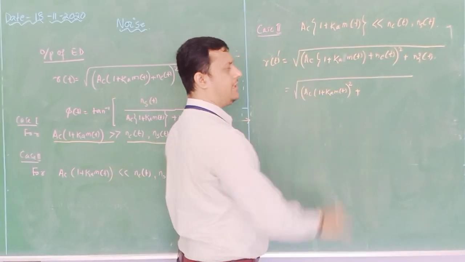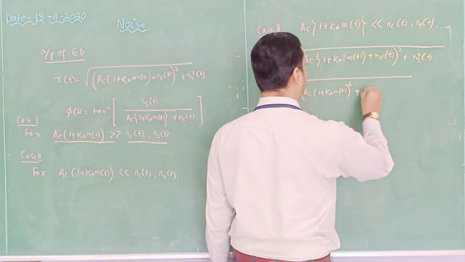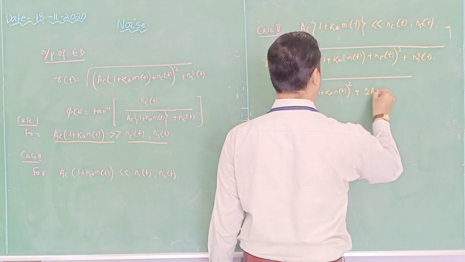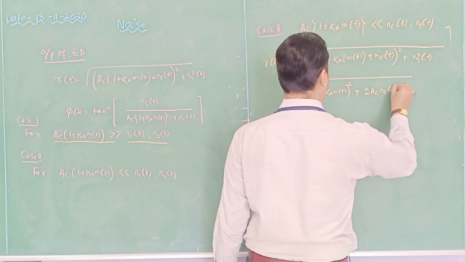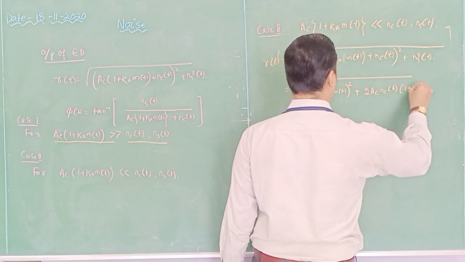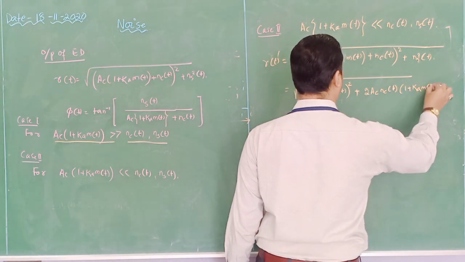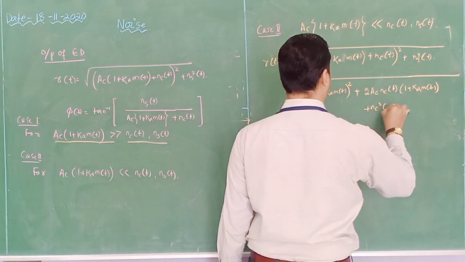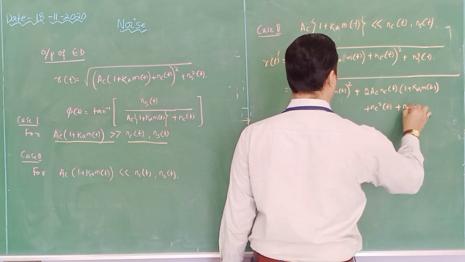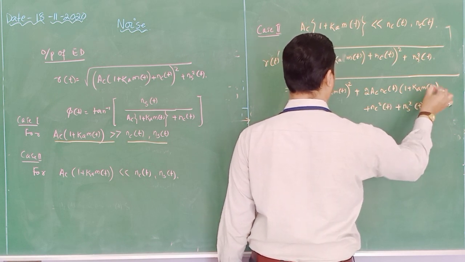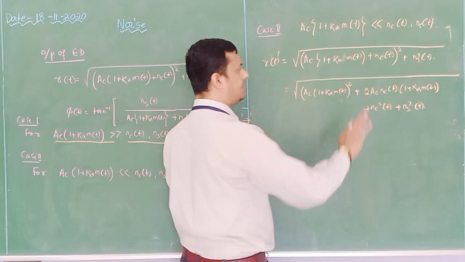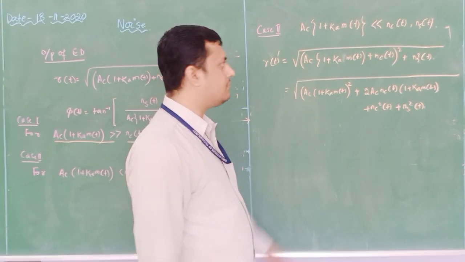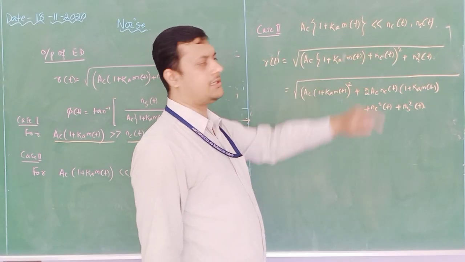Done. This component is squared plus twice AC NC of t (1 plus K M of t) plus NC square of t plus NS square of t. It will be within this root: NC square of t plus NS square of t.